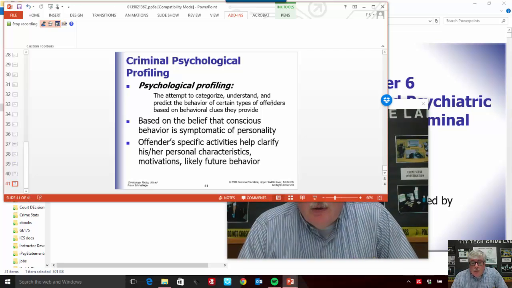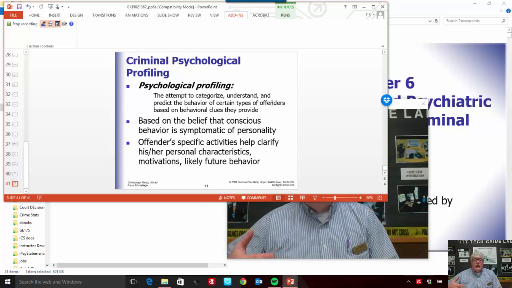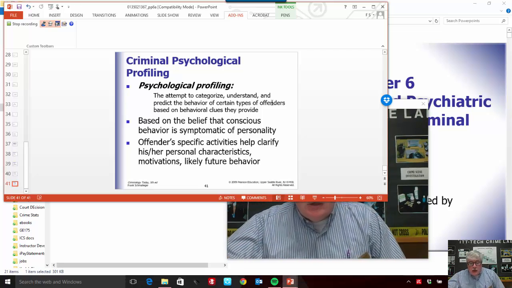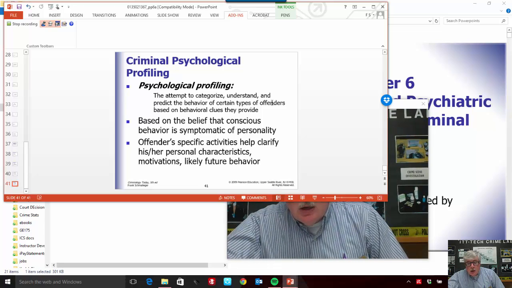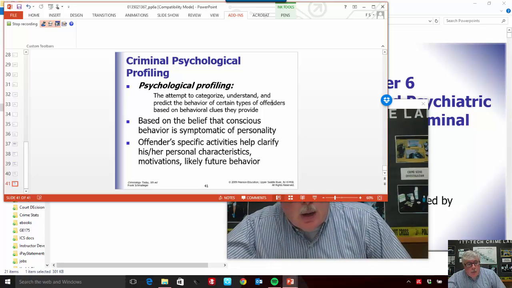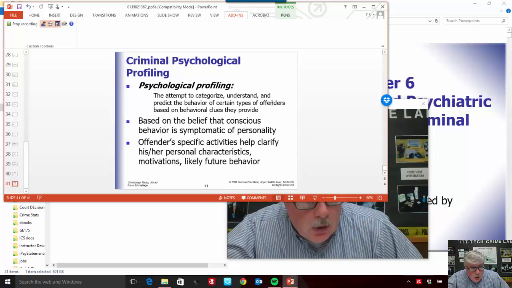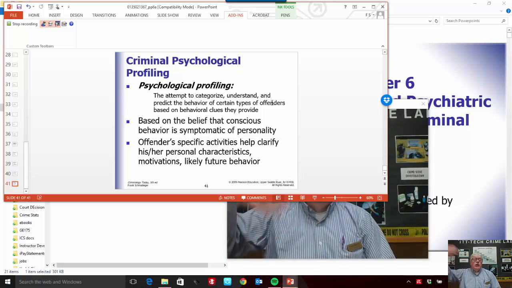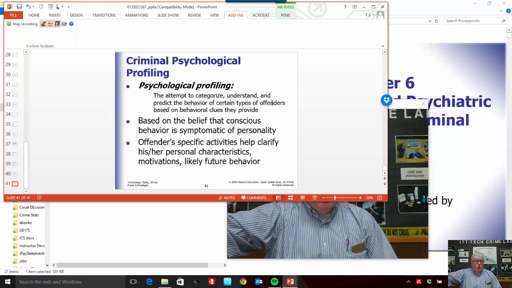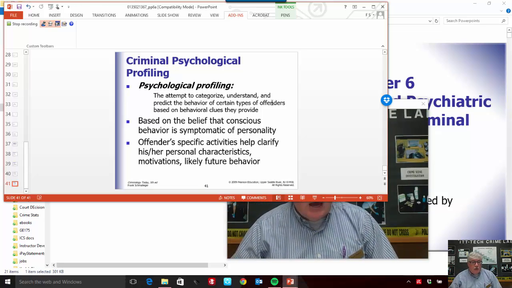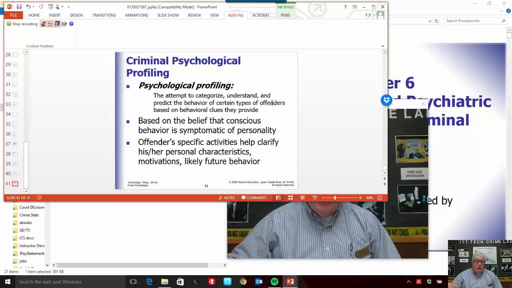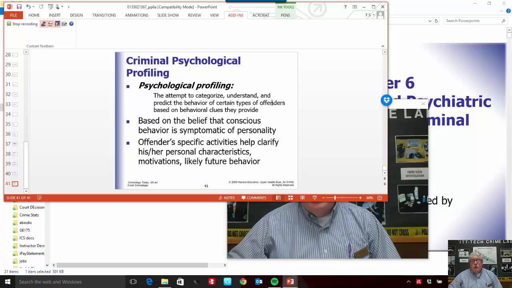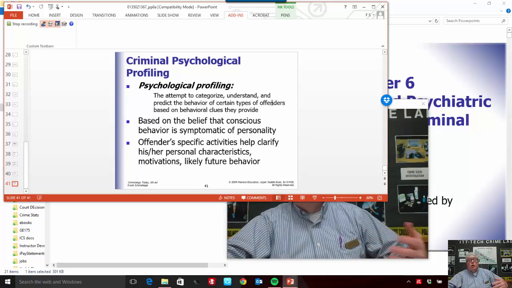The FBI profilers, basically they get cases that are in existence and try to understand the type of person, maybe come up with a profile of the person. So it goes both ways. It's either trying to predict behavior or looking at crimes that have occurred. If you have, say, a serial rape, serial murder, whatever, you look at what's going on and you come up with a profile to help the police look for this person.